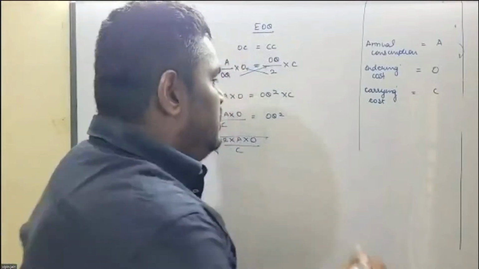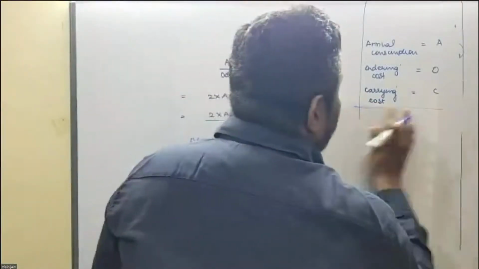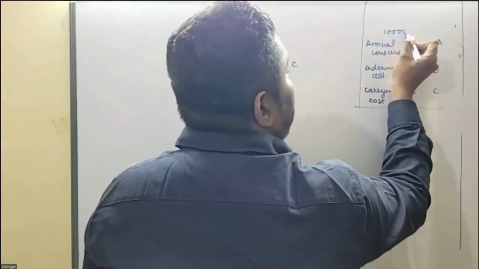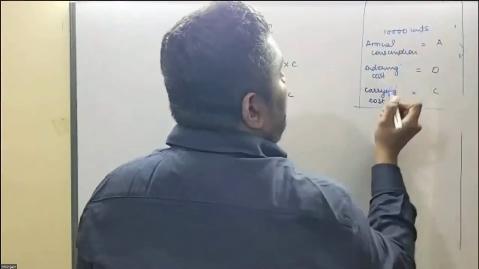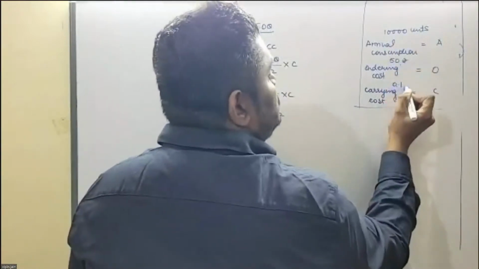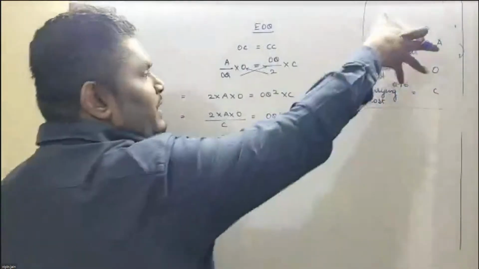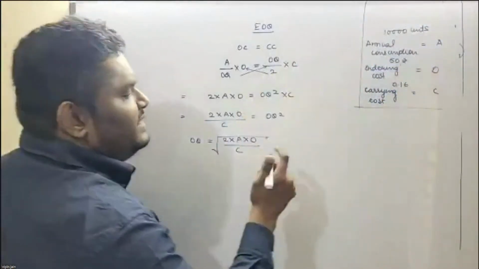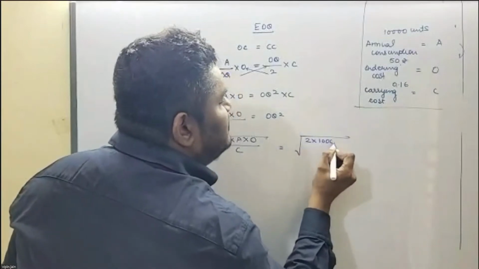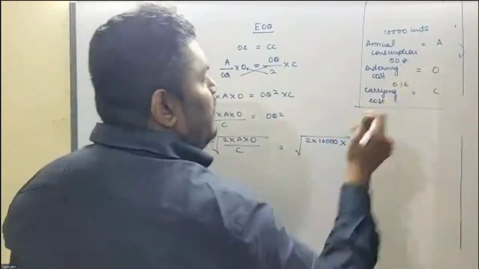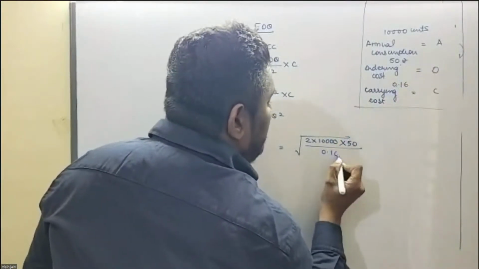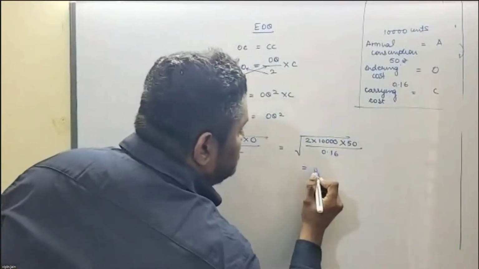Here in the same question, my annual consumption was 10,000 units, my ordering cost was rupees 50 per order, and my carrying cost was 0.16. So let's put these figures in this formula. 2 into my annual consumption 10,000 into my ordering cost 50, divided by 0.16.